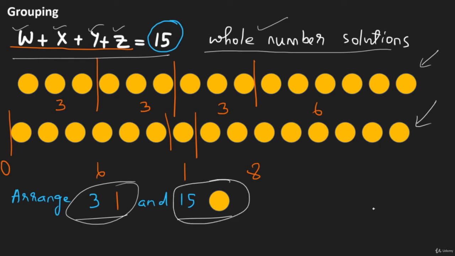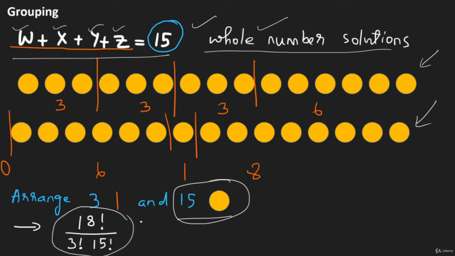Therefore, the number of possible arrangements of this is 18 factorial divided by 3 factorial into 15 factorial. And that is the solution of this question. And you can notice that this is nothing but 18C3 as per formula.